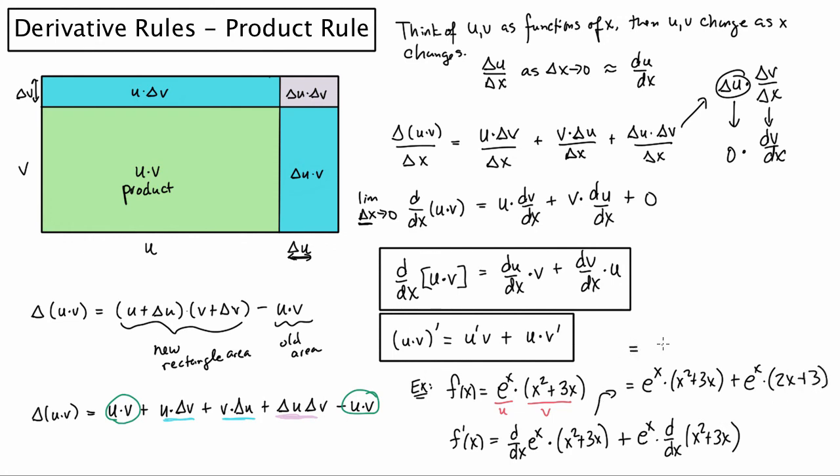So sort of a last step here, if I factor out the e to the x because both terms have it, what I'm left with here is x squared plus, I've got a 3x here and a 2x here, so it's plus 5x, plus I've got a constant 3 here. So as a solution, this represents the derivative of e to the x times x squared plus 3x.